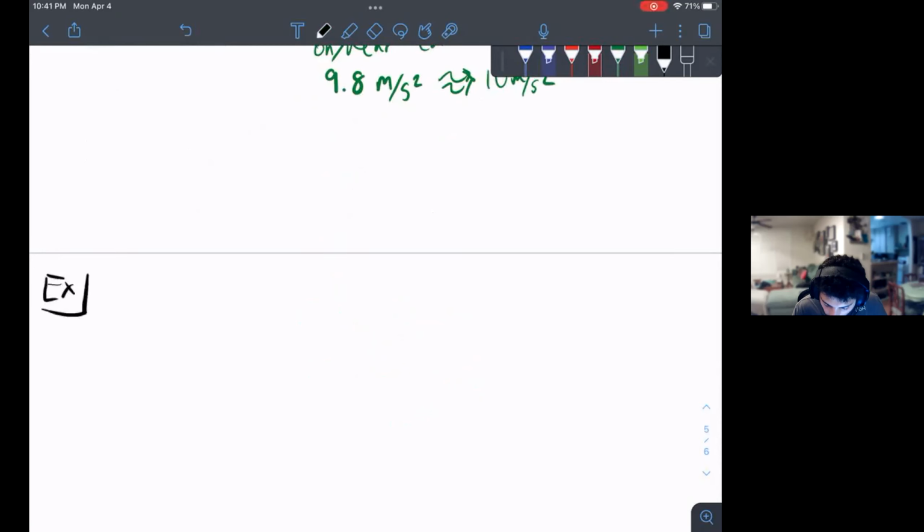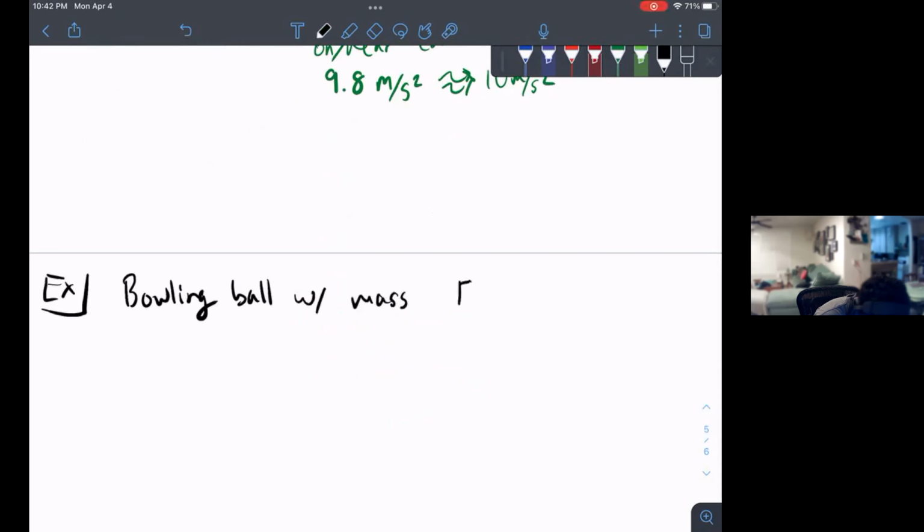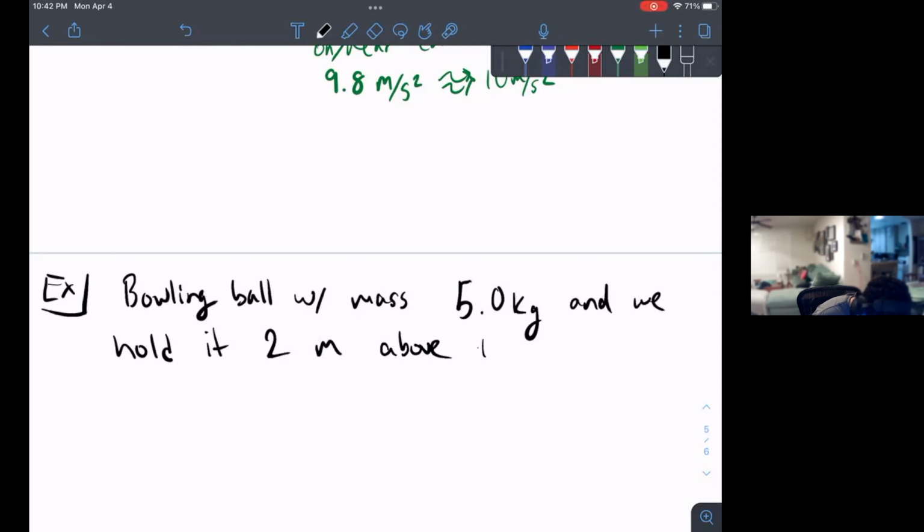So a quick example might be that we have a bowling ball with a mass of 5 kilograms, 5.0 kilograms, and we hold it 2 meters above the ground.